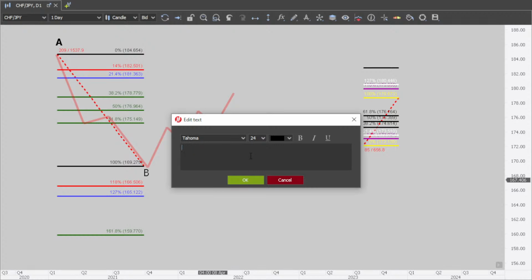The Contrarian Fibonacci is nothing more than a Fibonacci that goes in the opposite direction to the original one. So this is good news.